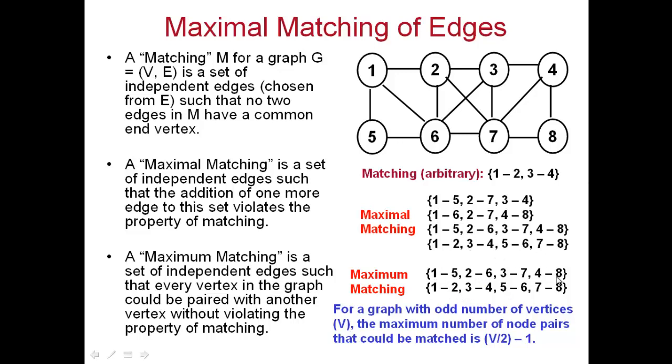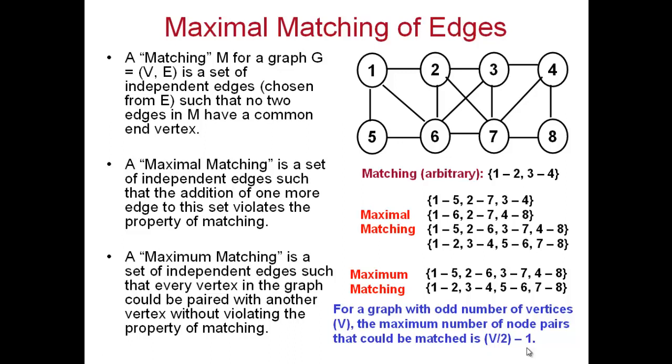We should also realize that we can have 100% matching of the nodes only if the graph has an even number of vertices. So a maximum matching is possible with 100% matching only if the graph has an even number of vertices. If the graph has an odd number of vertices, then we can have only v over 2 minus 1 node pairs matched, where v is the number of vertices.